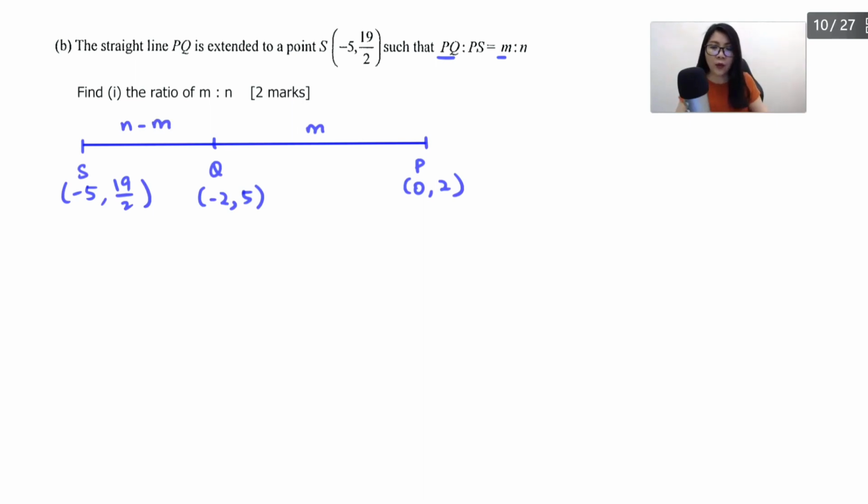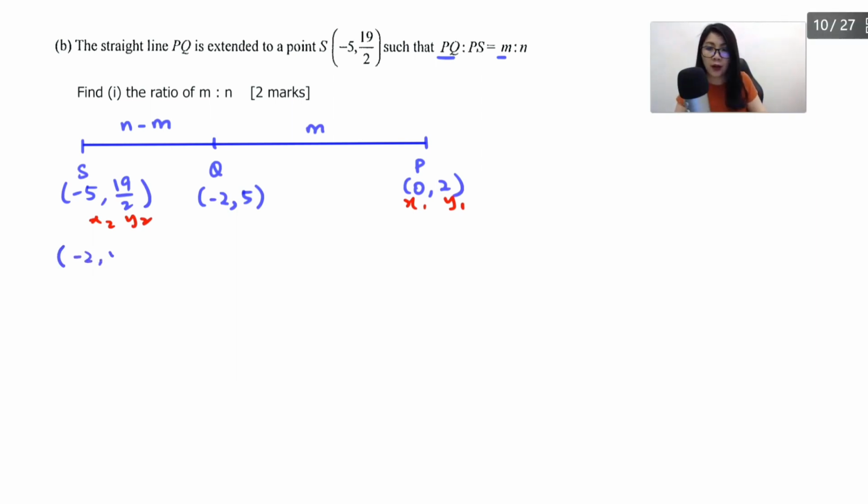Now I'm going to substitute into the formula. Let's say this one is x1, y1, and this is x2, y2. I hope you still remember the formula.